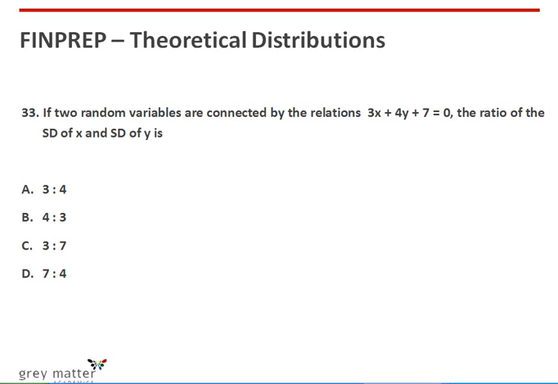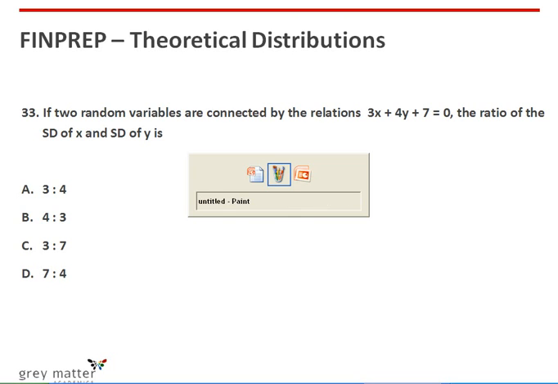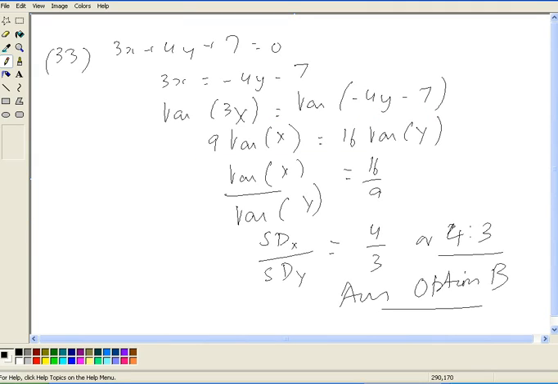33rd question. If two random variables are connected by the relation 3x plus 4y plus 7 equal to 0, the ratio of the standard deviation of x and standard deviation of y is worked out as follows. We can rewrite the equation as 3x equal to minus 4y minus 7. So variance of 3x is variance of minus 4y minus 7, which is 3 squared, that is 9, into variance of x, equal to minus 4 squared, that is 16, times variance of y.